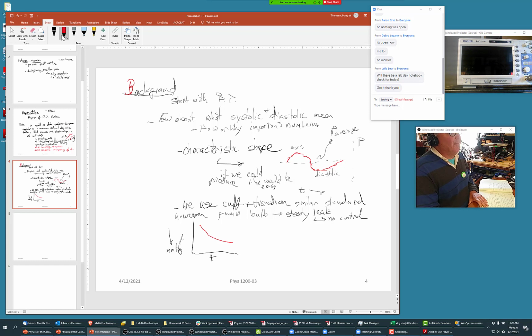A typical plot, typical plot. And then you point out how the characteristic shape is visible.